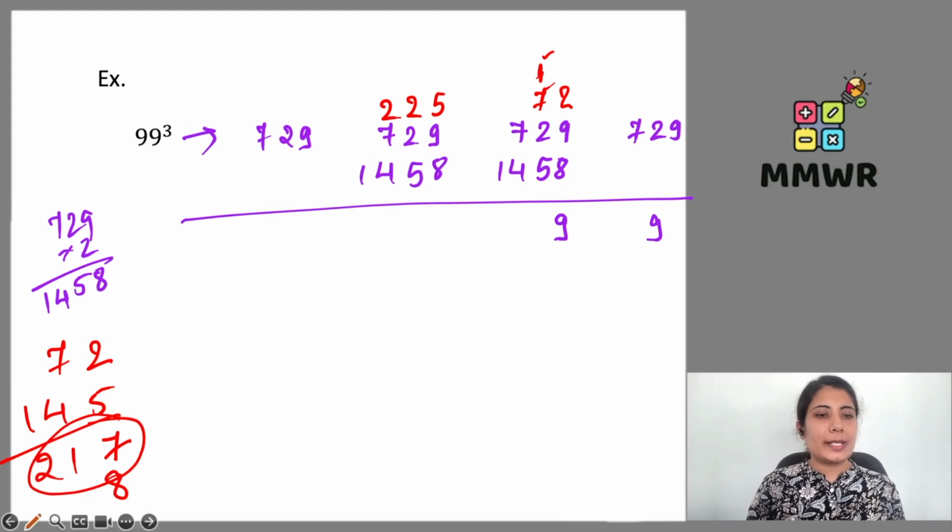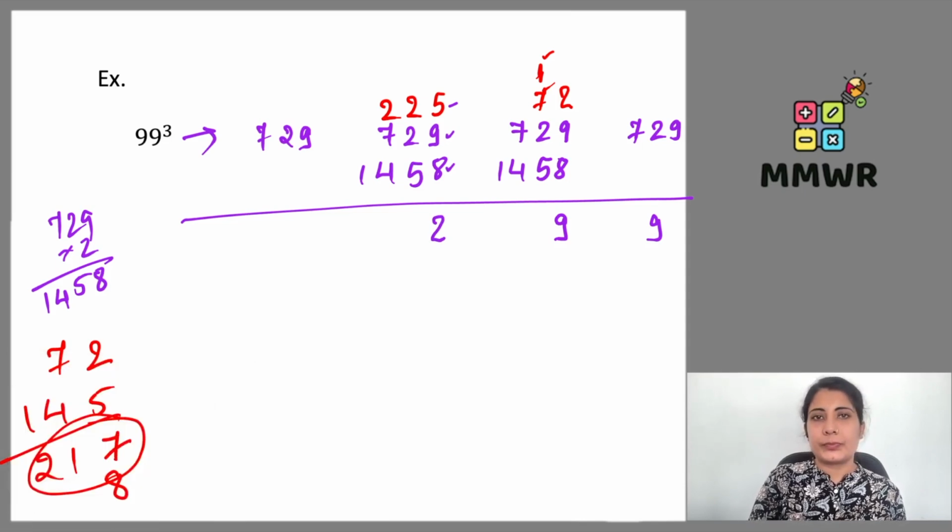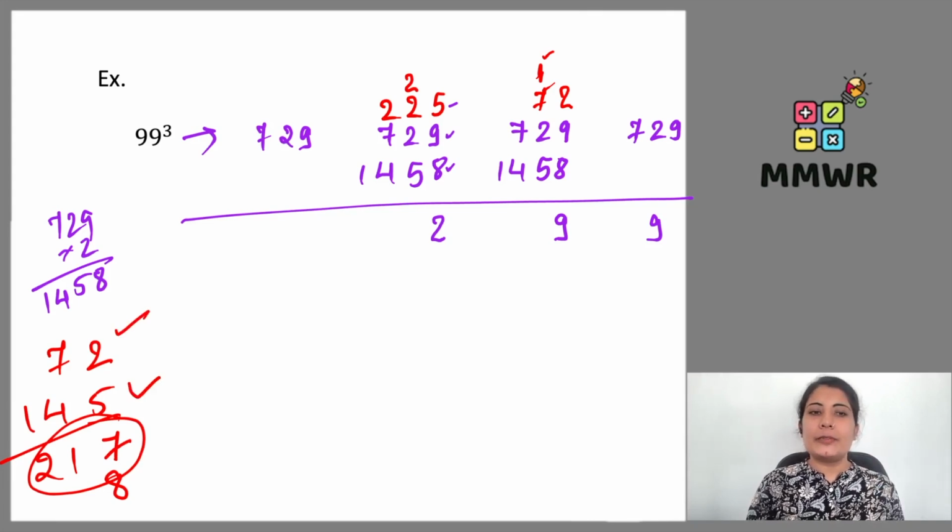Now quickly we'll be adding these two. 8 plus 9 plus 5. 8 plus 9 is 17. 17 plus 5 gives me 22. So carry forward 2 also I'll mention here. Now again 72 plus 145 is 217. 22 plus 2 that means 24 I have to add this time.